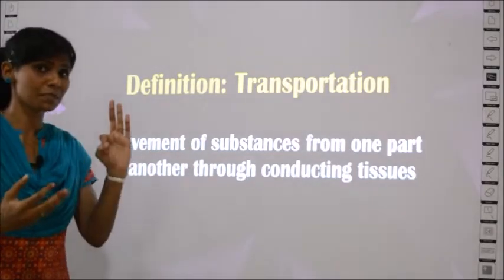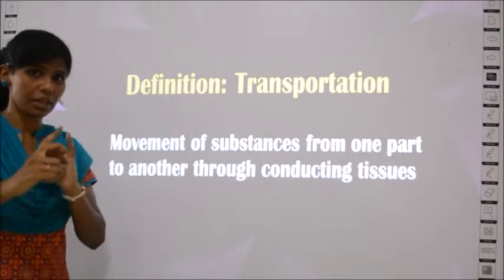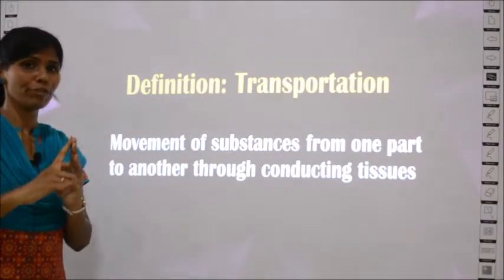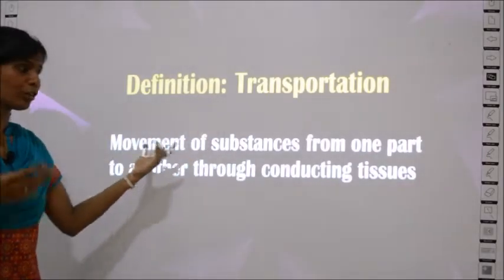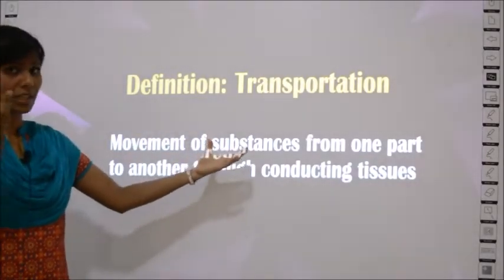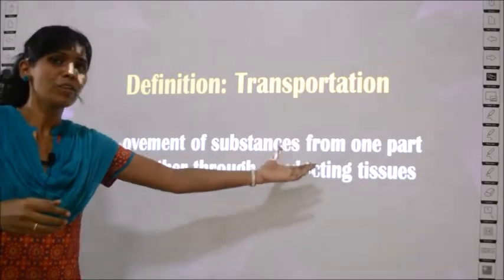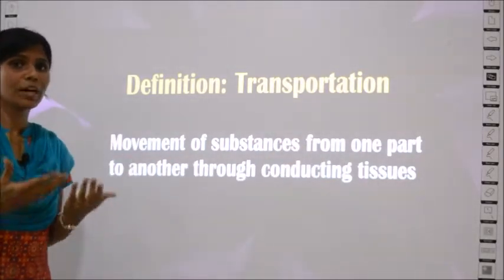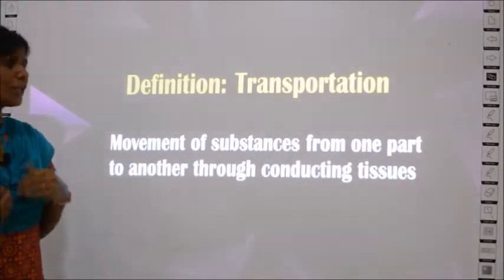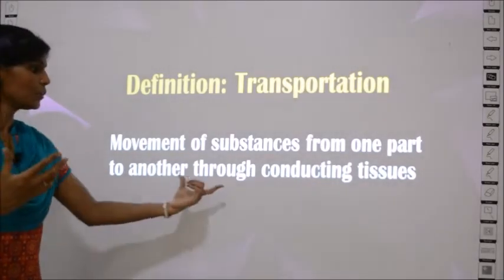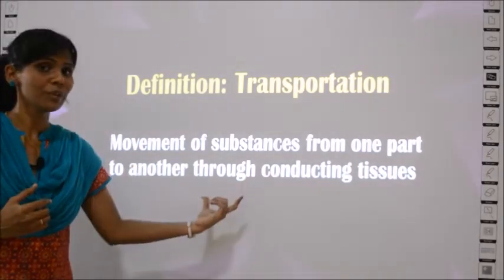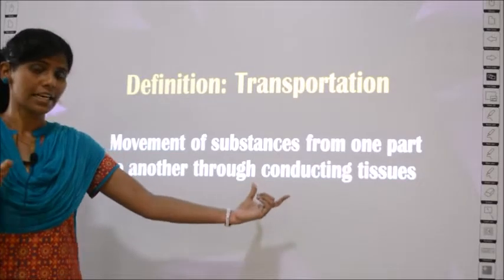We have studied 3 substances that can move: water, minerals, or food. So transportation is the movement of any one or all 3 of those substances from one part to another, from the root to the stem and leaves, through the conducting tissues, that is xylem and phloem.